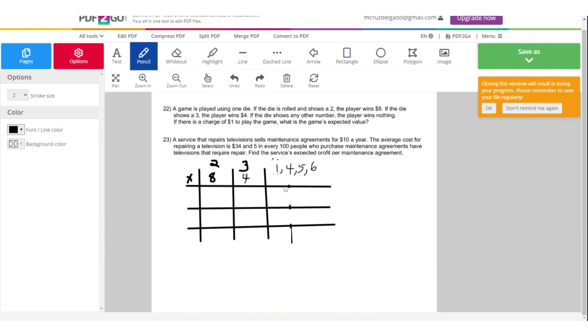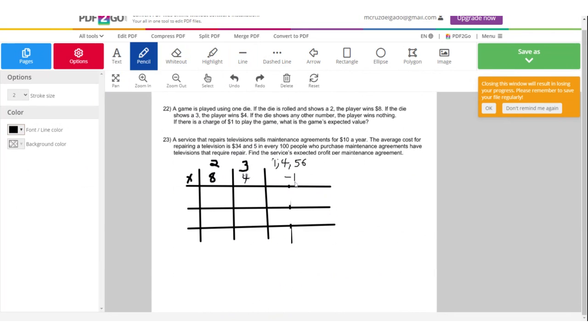All right, so in any of these cases, it's just going to be -1 because that's how much it costs to play. Let me do something to make this a little bit clearer. So 1, 4, 5, or 6, it's just -1.